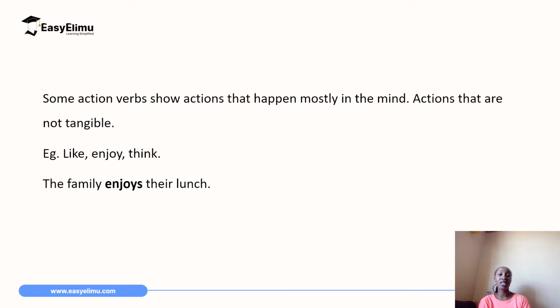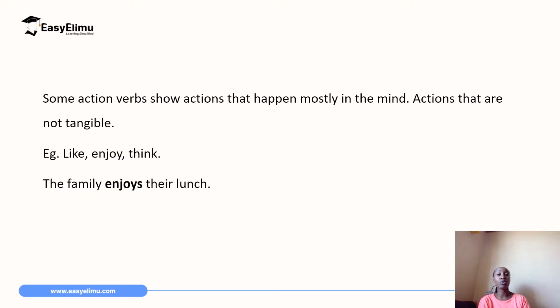In that sentence, I is the subject and like is the verb. However, this verb like, you can't see it, you can't touch it, but it does happen in our minds. So take note of such action verbs. Others include enjoy or think. That's it for action verbs.